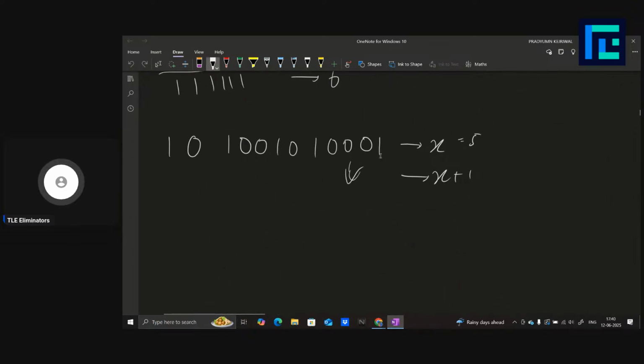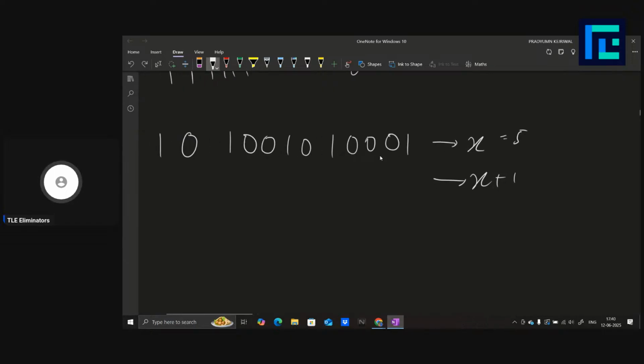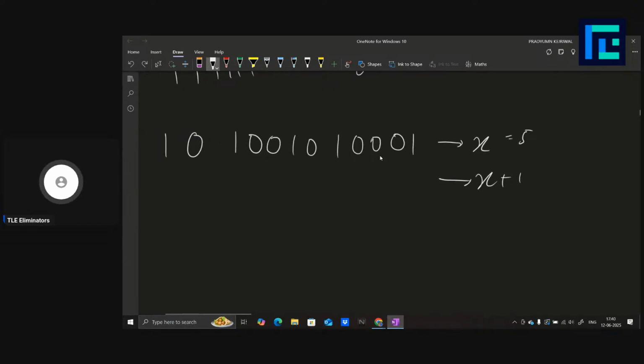Yeah, so initially you have 5 ones, and now you want to have 6. That means you want to increase a 1, right? So the best way to do that is to do what? Like we have these many zeros, right? So we will change one of these zeros to a 1.